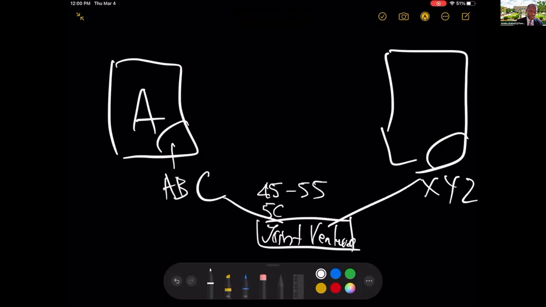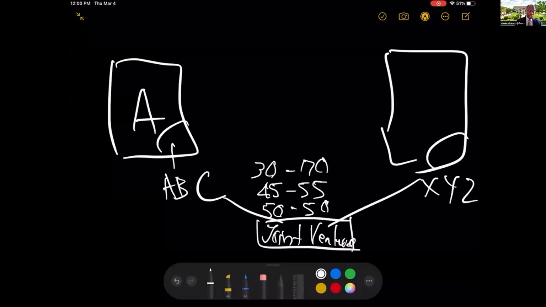It can be 50-50, or it can even be 30-70. But it's a joint venture. It's a separate company. So that company can be called ABC XYZ as a separate entity. And it's, of course, owned by both entities. And you have different branding, obviously different trademarks, different logos and all of that, but it's a jointly owned company. So that's another option.